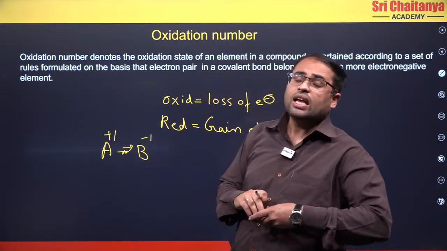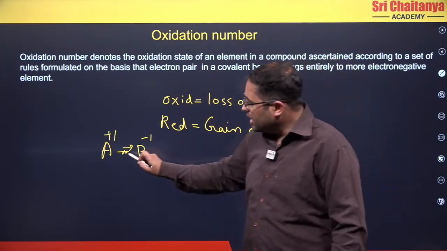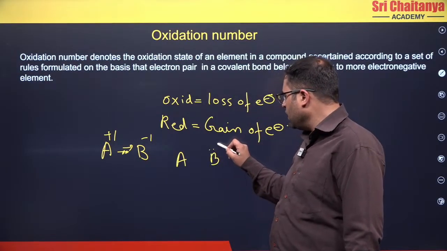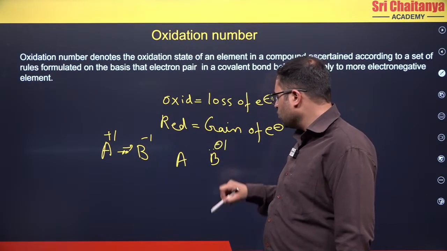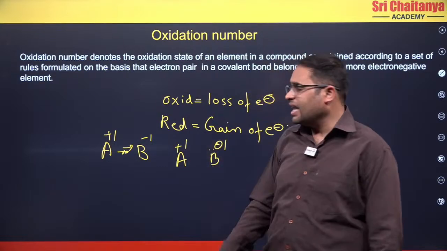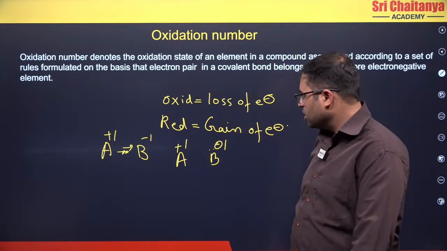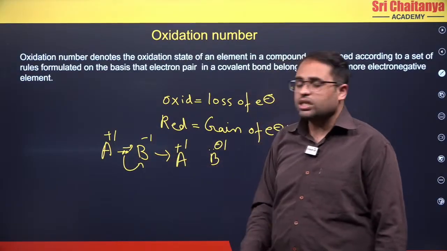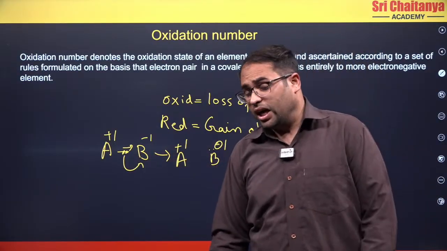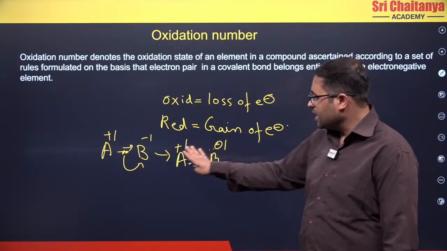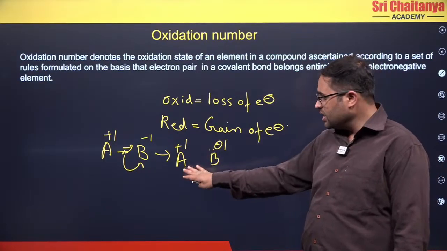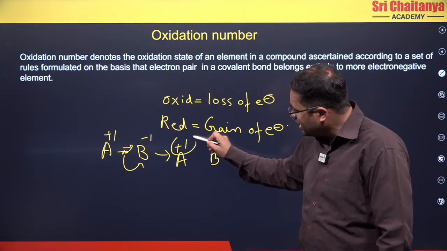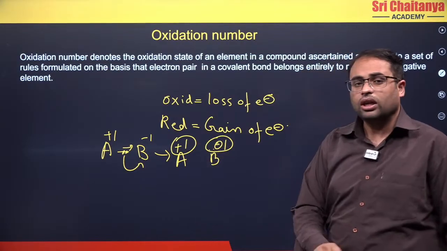So what we are assuming is that this lone pair has completely shifted on B, giving it a -1 charge, and it has completely left A, giving it a +1 charge. So this assumption that this lone pair has completely shifted to B gives us an ionic state of these atoms, right? The charges on these atoms in that state are called oxidation number.